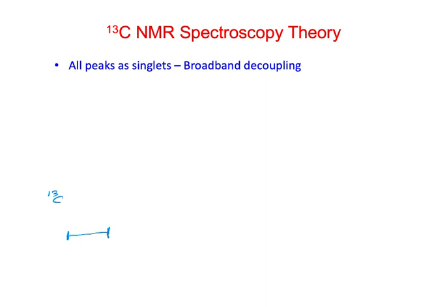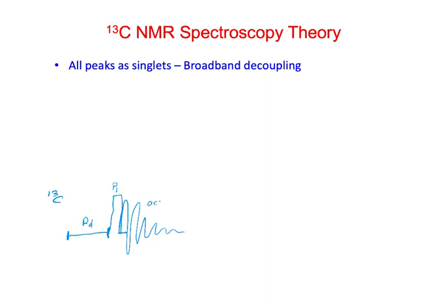So here we're going to start out just like we did before, with a relaxation delay. Then we're going to have our pulse. I'll call this P1 for our main pulse, and that could be various tip angles and times. And then we have our acquisition.